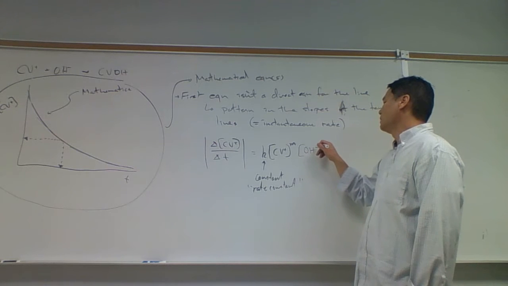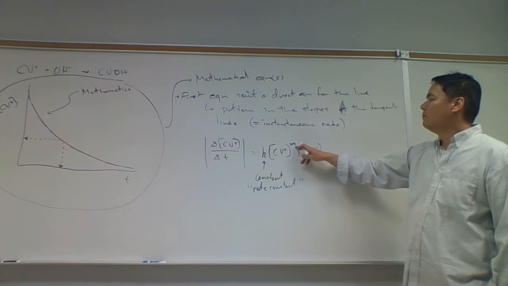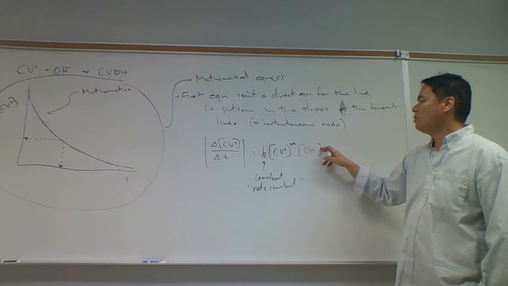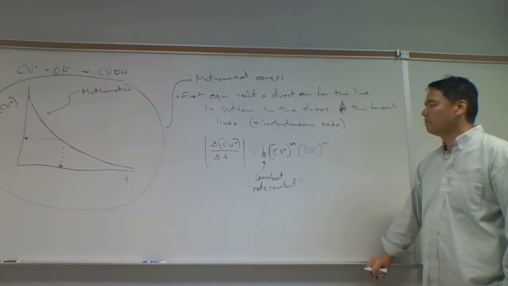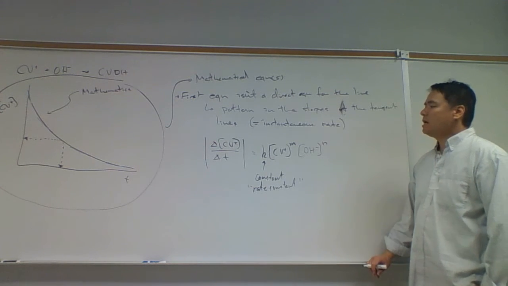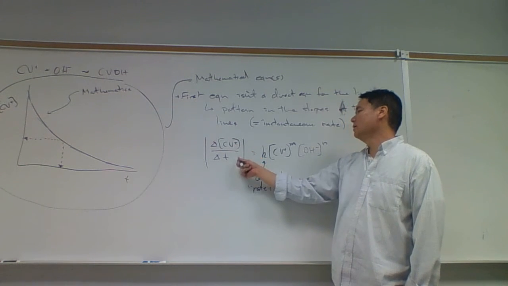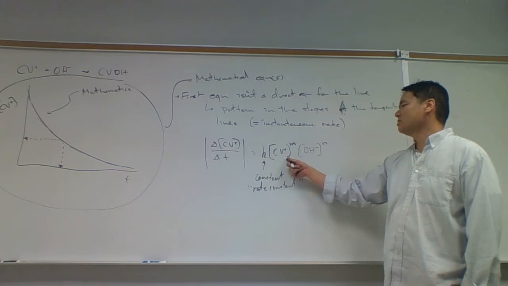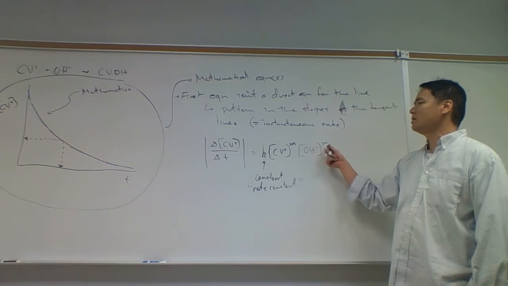The hydroxide concentration is also going to impact the rate, but it might not impact it in the same way that crystal violet does, so we put an N here. And so it turns out that the rate, or the instantaneous slope at any time, is going to depend on k times the crystal violet concentration raised to some power m, times the hydroxide ion concentration raised to some power n.